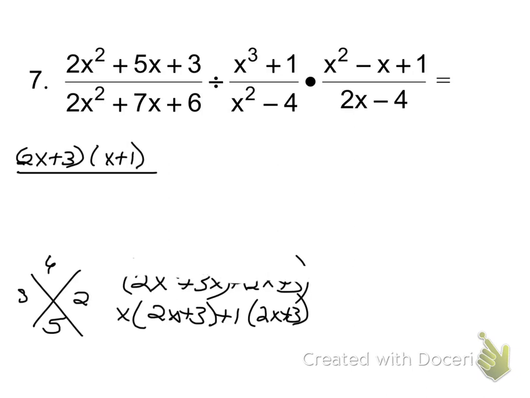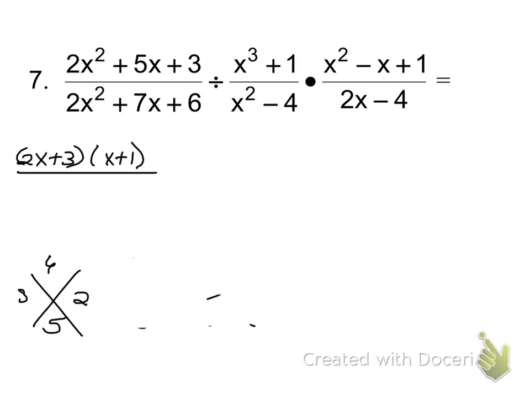Now I'm going to erase all that and do the first denominator. That's going to multiply to be 12 and add to be 7, so it's 4 and 3. So we have 2x squared plus 4x plus 3x plus 6.